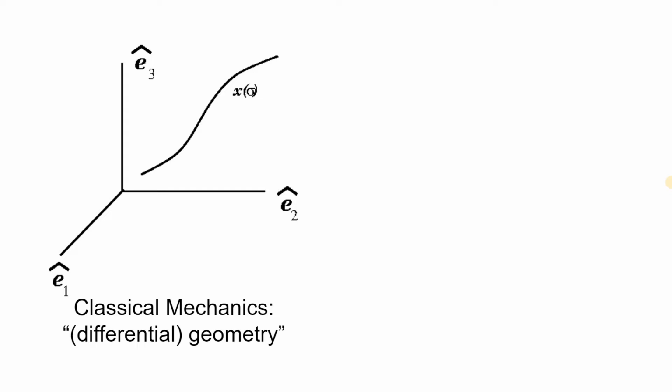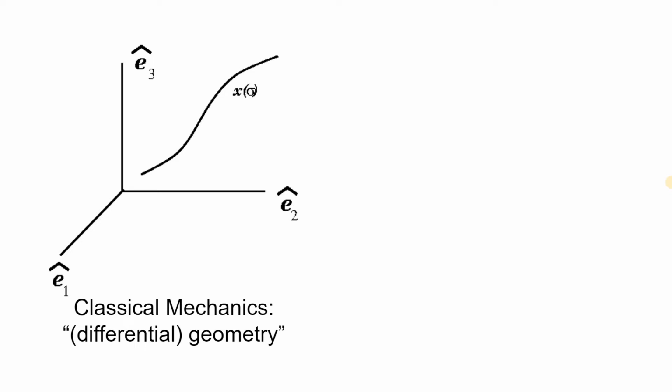And you use several tools from geometry, like differential calculus, to obtain quantities of physical interest, like, for example, the velocity, acceleration, and so on. So the mathematical framework we use for classical mechanics is differential geometry.